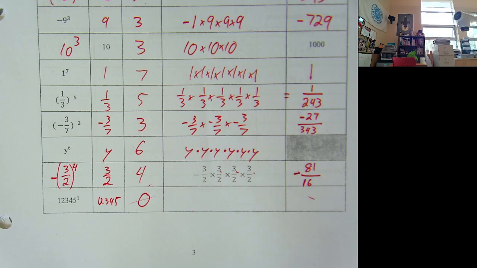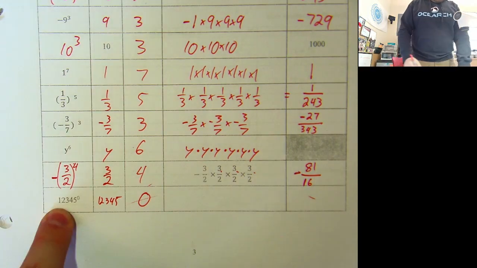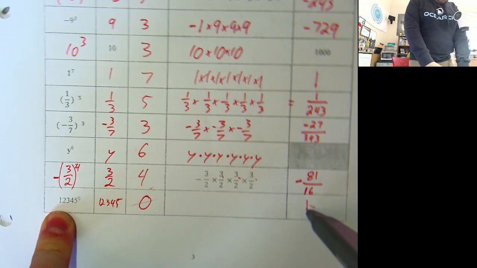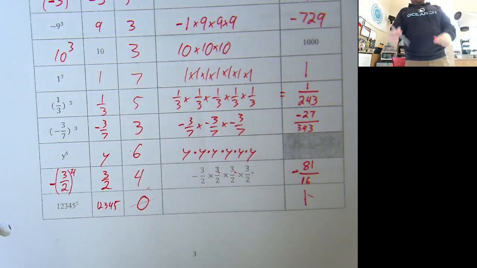Anything to the power of 0 based on this argument is 1. So that last, there is nothing to put here. It does not make sense to repeatedly multiply something no times. The box stays blank. And in the last one, in standard form, anything to the power of 0 is 1.